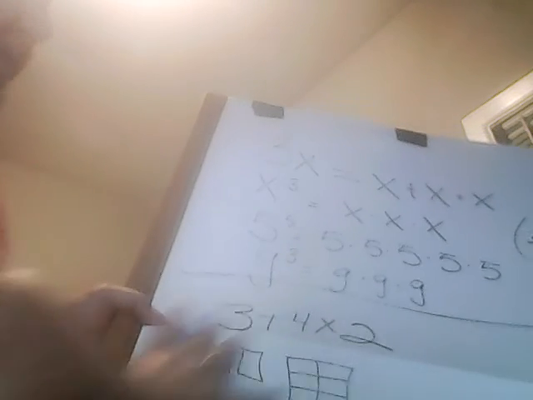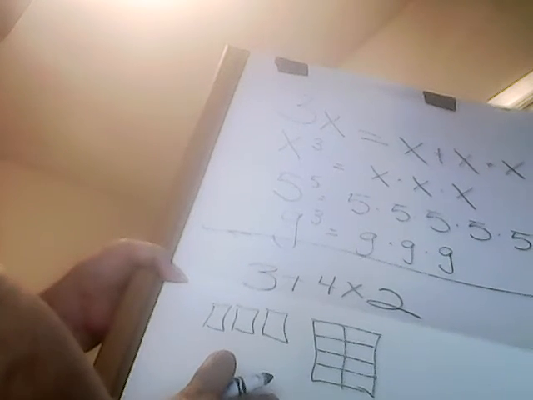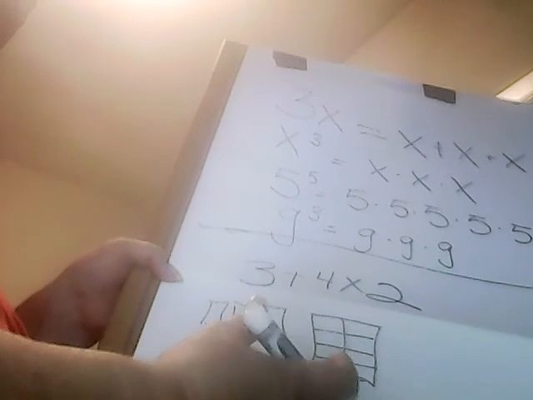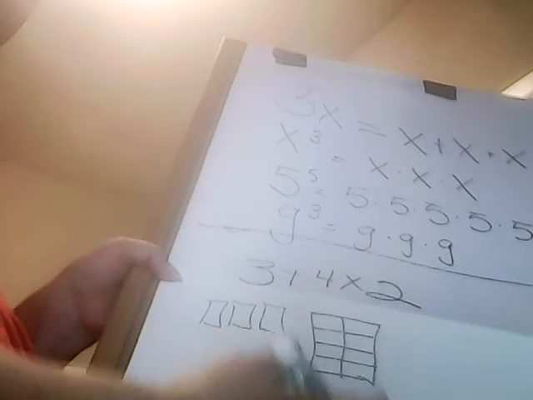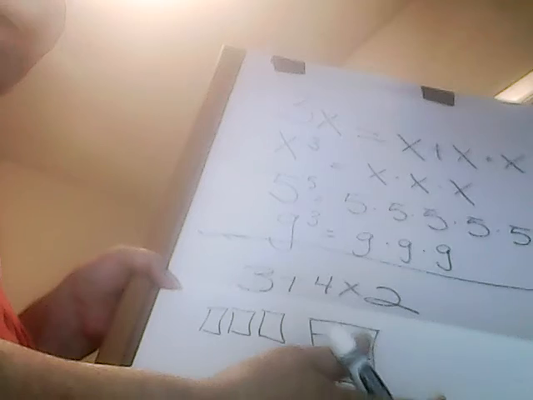This diagram is showing the expression 3 plus 4 times 2. With addition, we're finding the sum of two addends. So before we can add in an expression, we have to find the value of the second addend.